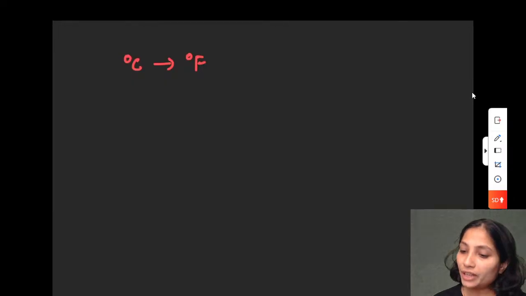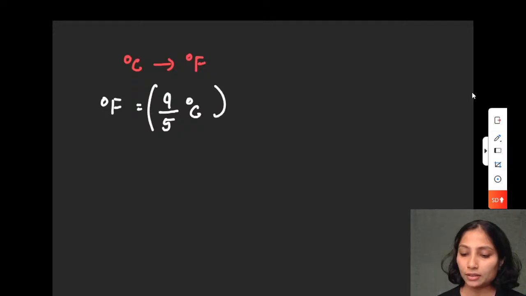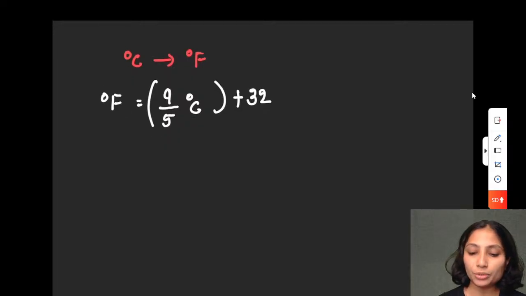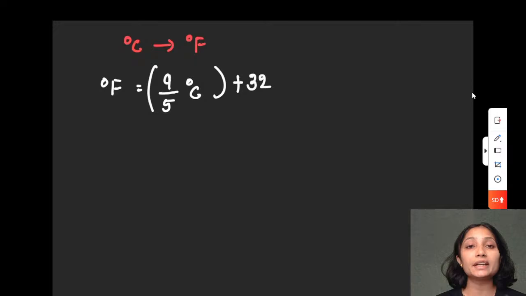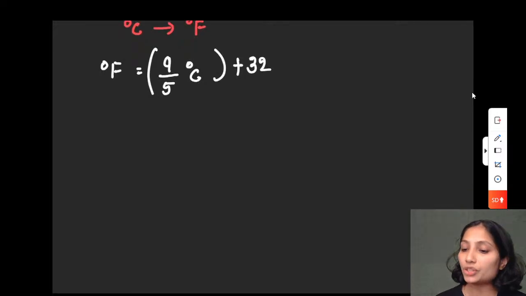So we have the formula: degree Fahrenheit is equal to 9 by 5 degrees Celsius plus 32. This is the formula used to convert degree Celsius into degree Fahrenheit scale.